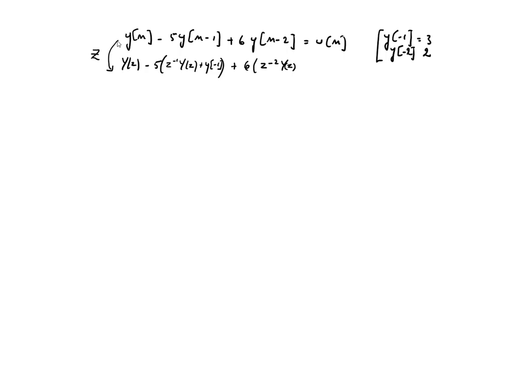So we'll have in position 0 what was in position minus 2, so we'll have to add y of minus 2, right? And what was in position minus 1 will be in position 1, so y of minus 1, and since it's position 1 now, z minus 1.